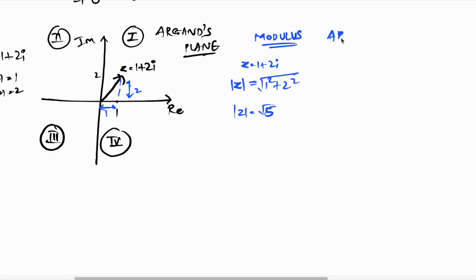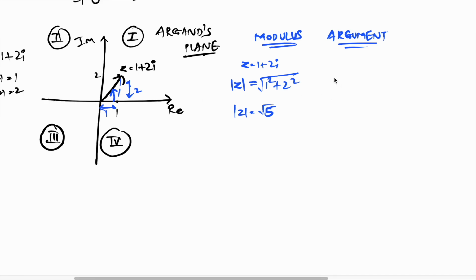The argument is the angle made with the positive real axis. So if this is my complex number, the argument is this angle made with the positive real axis. The positive real axis is the one on the right hand side. The one on the left hand side is the negative real axis, because there the complex number is purely real, but its real part is negative.